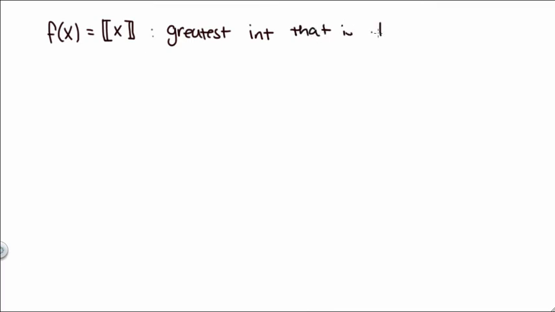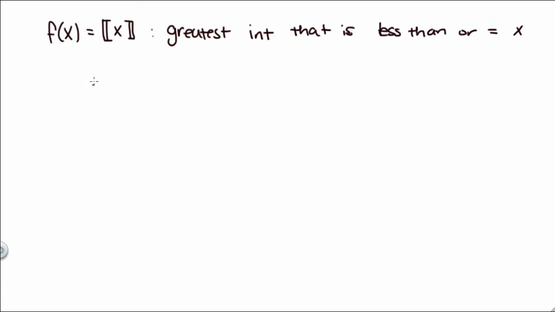The last thing in section 2.1 that we have is the greatest integer function. So it's denoted f of x is equal to the floor of x, like this. And this means that it's the greatest integer that is less than or equal to x.